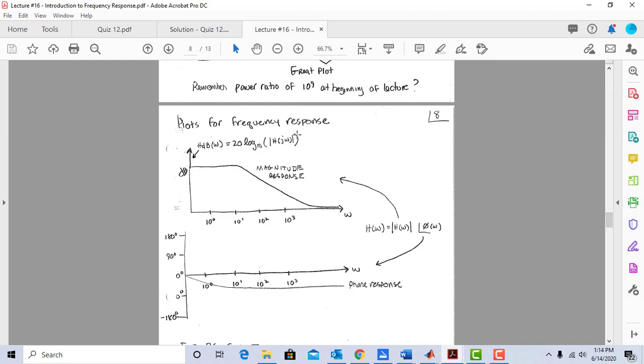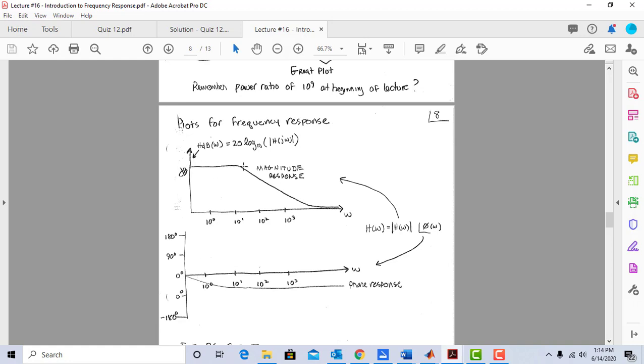But frequency response is complex. So we also care about the phase. So we're going to make a separate plot for this transfer function, meaning that to describe a transfer function, I need 2 plots. And here is phase, here is frequency. And you notice, of course, on both of these plots, frequency is shown with the exponent linearly increasing, meaning that we're showing the log of the frequency.